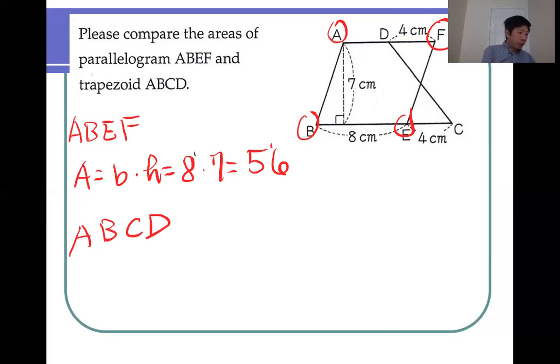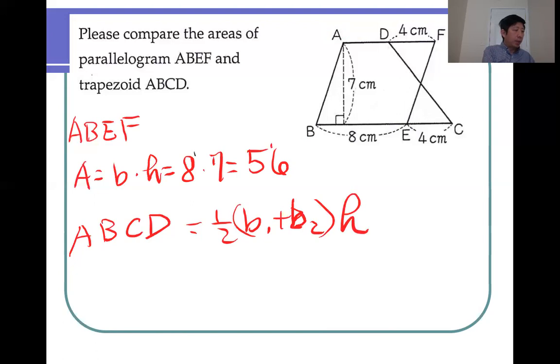So we're gonna find out ABCD if it's a trapezoid. So the area of a trapezoid is what? 1/2 base 1 plus base 2 and times the height, right?